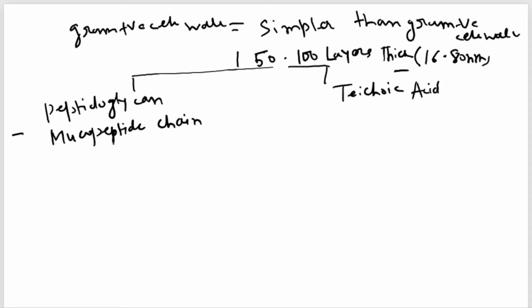It is composed of alternating units of N-acetyl-muramic acid and N-acetyl-glucosamine. They are cross-linked to each other.